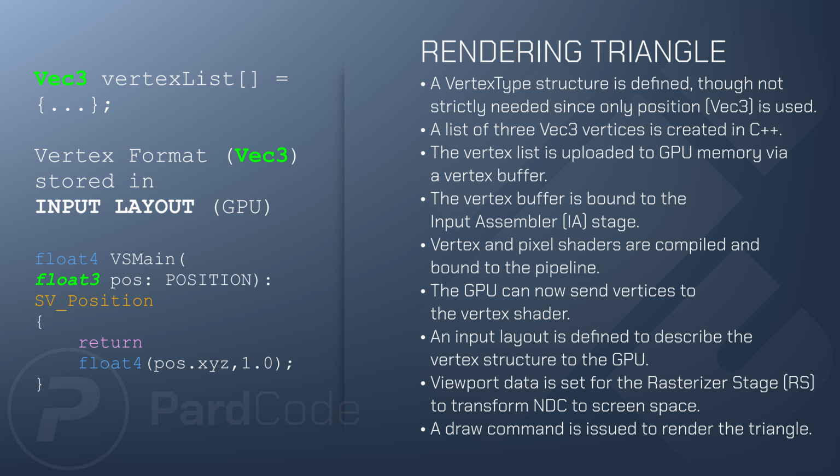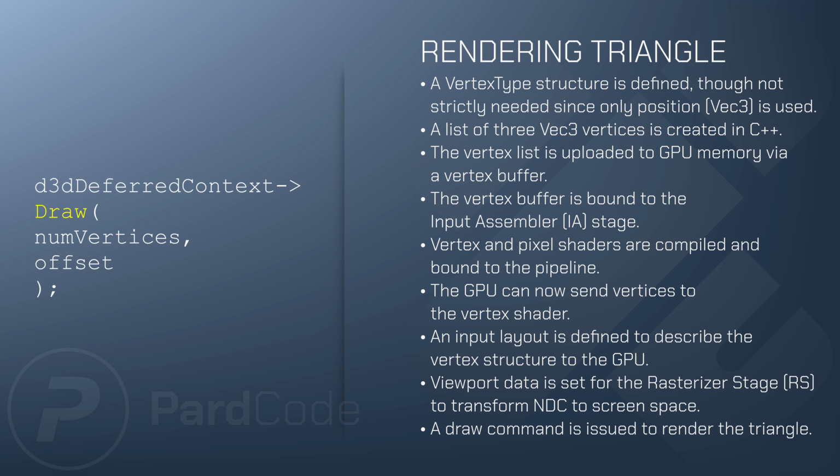It's important to note that the vertex buffer, input layout, and vertex shader must all be in sync with each other. If we change the format of the vertex structure, such as adding new attributes or changing existing ones, both the input layout and the vertex shader must be updated to ensure that the GPU processes the vertex data correctly.